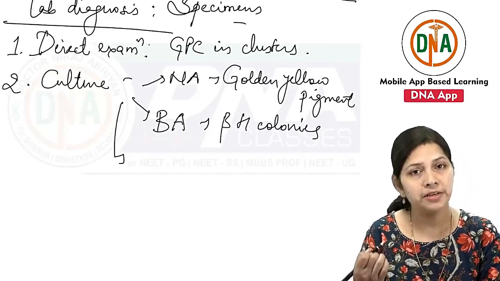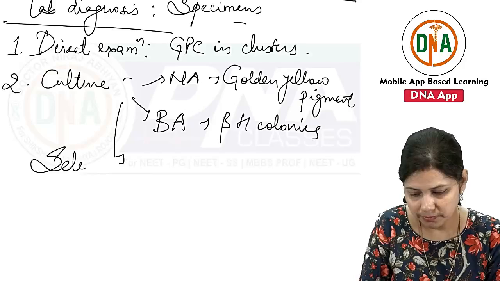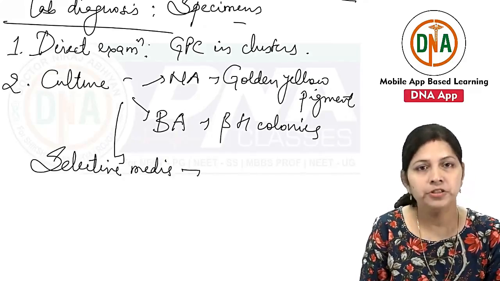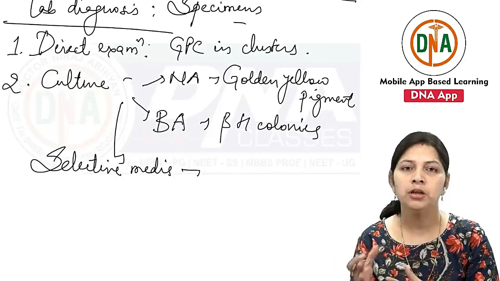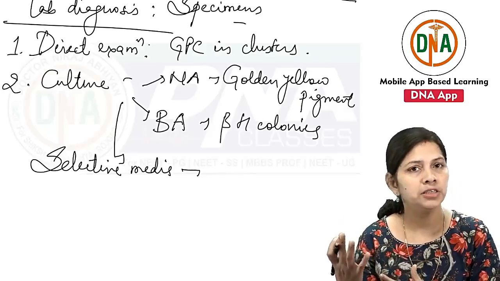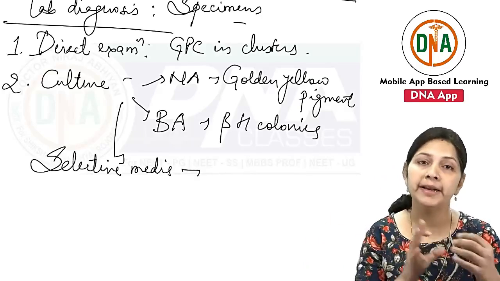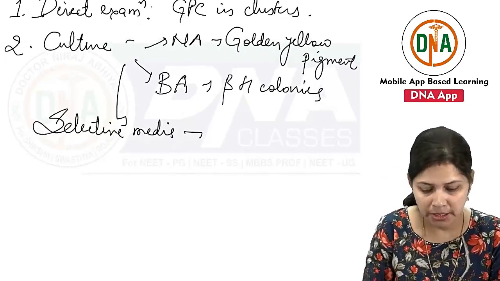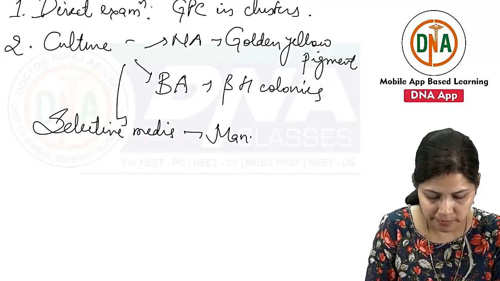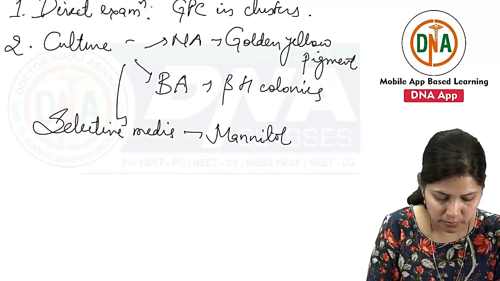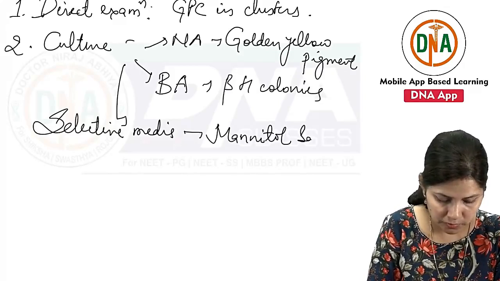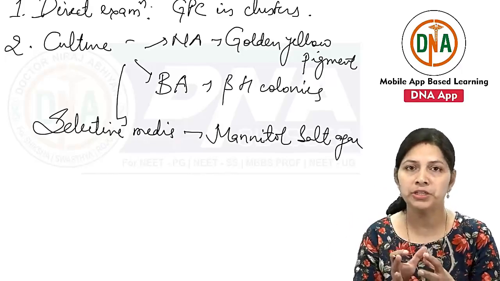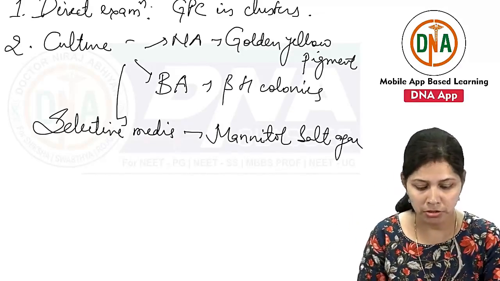Then the other selective media, which are used for growing it as a selective agent and also help to identify it out of the other commensals. The classical example is mannitol salt agar, which shows yellow colored colonies because of mannitol fermentation.